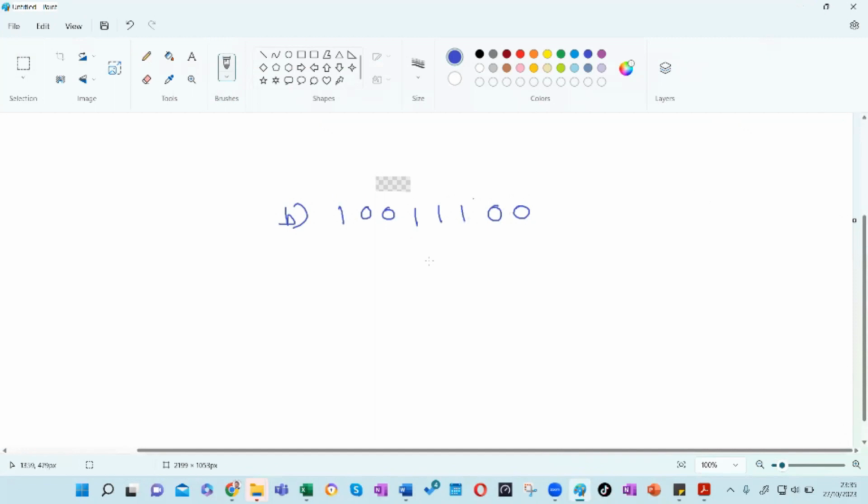Right. This has to be converted to hexadecimal. What you do is you start from the right corner. Do it in your exercise book.